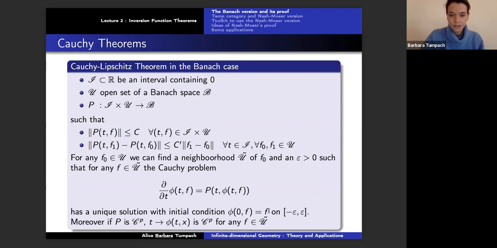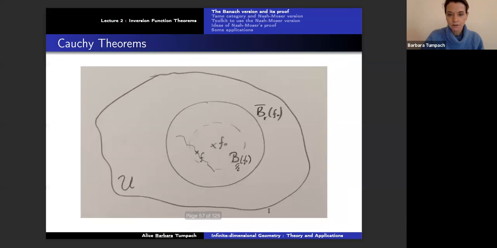I draw a picture because I think this needs a picture. So here is my picture. There is an open set U inside of a Banach space B. In this open set, there is a point f dot, inside a neighborhood of f dot, which here will be a ball centered at f dot with some radius R/2.